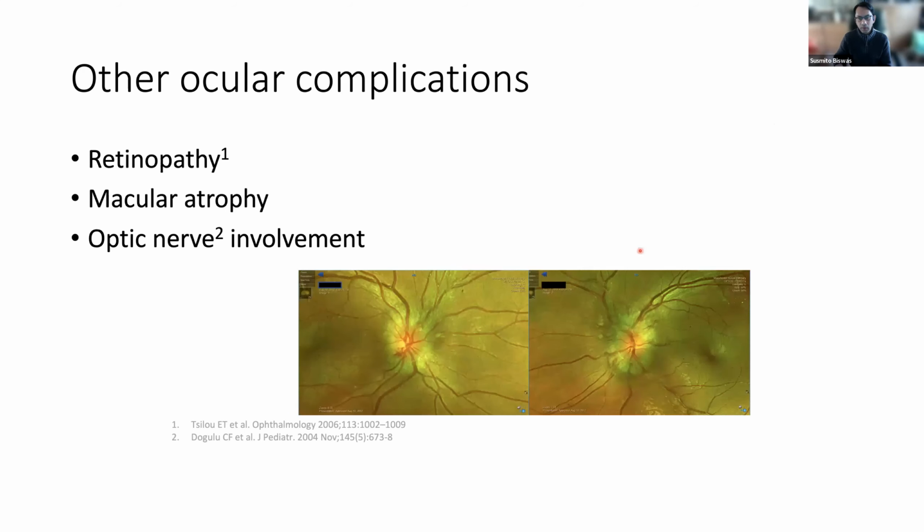And then the other issue we need to be aware of is that sometimes with cystinosis, we can find that the pressure inside the head can become elevated, and this is visible in the eye as swelling of the optic nerves, and this is an example of swollen optic nerves following cystinosis.